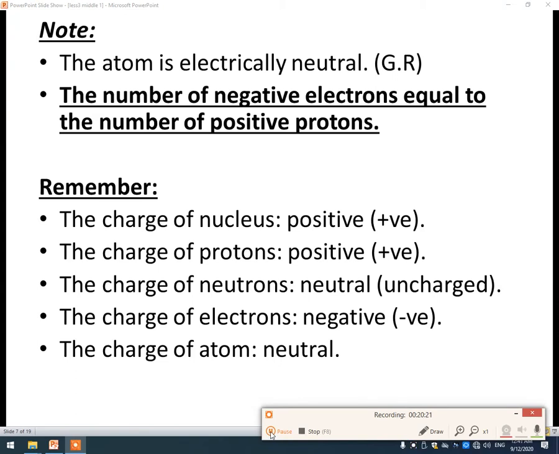Number 4, the charge of electrons is negative, negatively charged. So the charge of the whole atom itself will be neutral. Why? Like the give-reason question at the top of the page, because the number of negative electrons equals the number of positive protons.